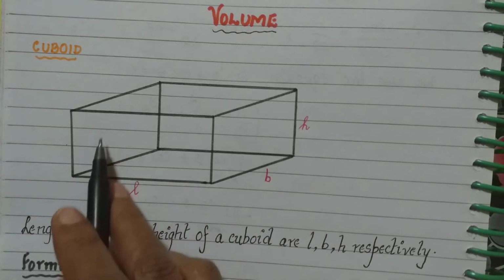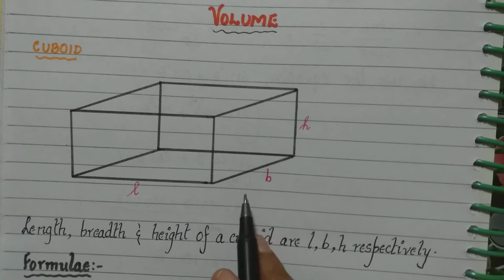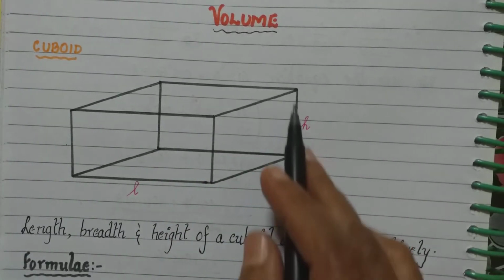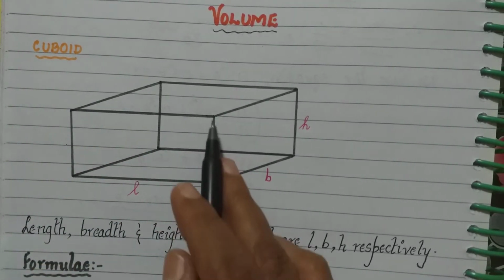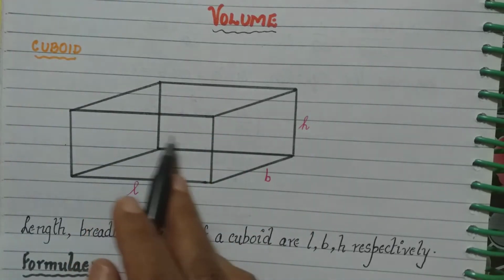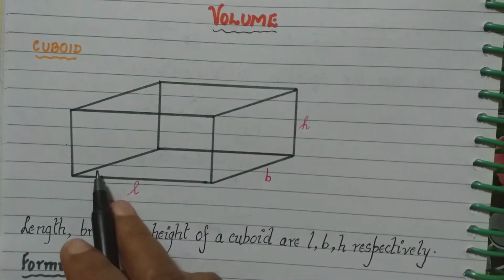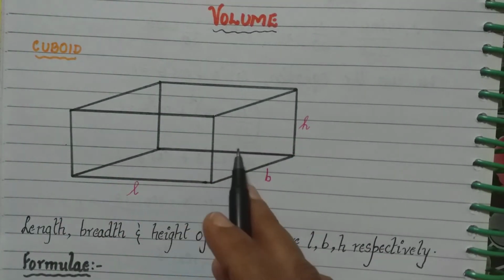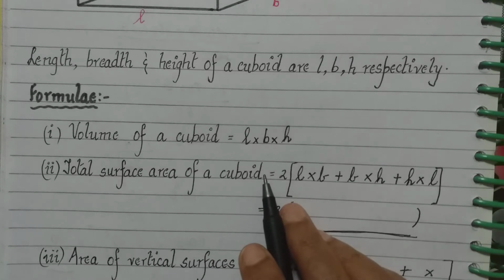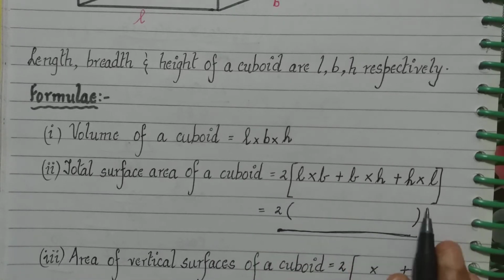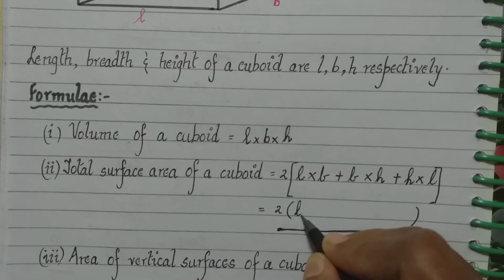Now coming to this surface, the base here is L, but this height is the same as this height, so this is H. So this surface, which is the front surface facing us, and the opposite surface, which is the behind surface, that is L into H. And two surfaces are there which have the area L into H, so 2 L into H. So that is how we get here 2 times L into B plus B into H plus H into L. When I multiply L into B, it becomes LB.